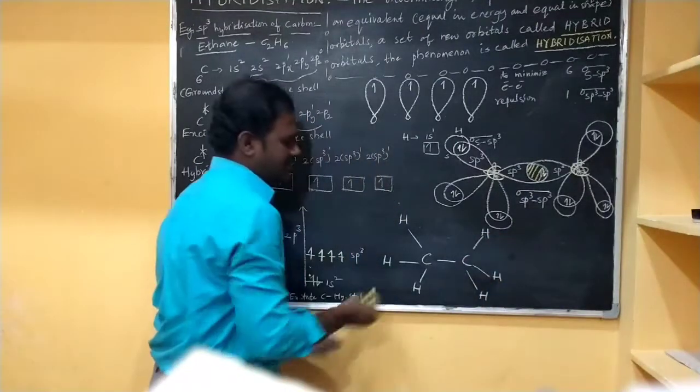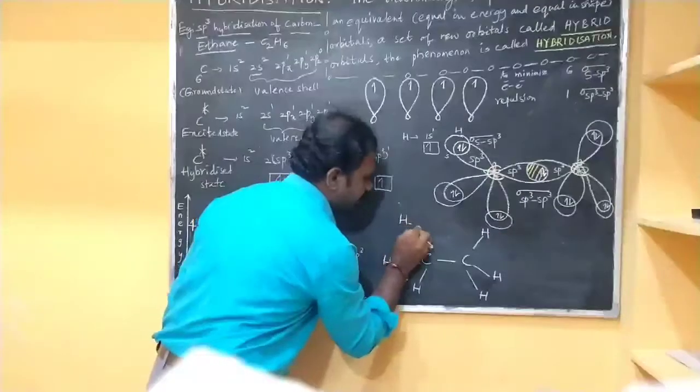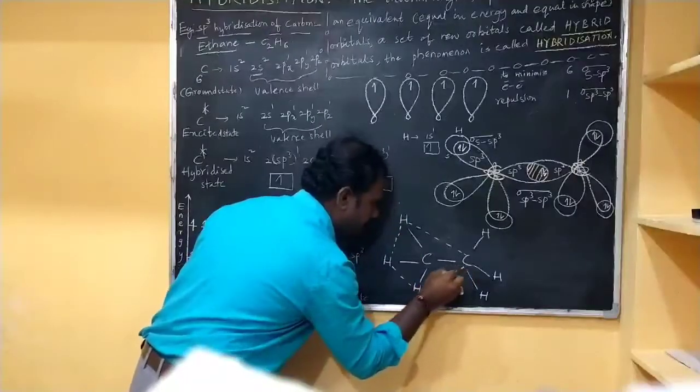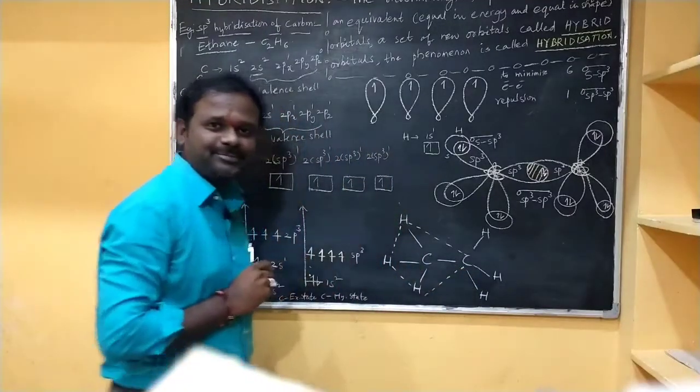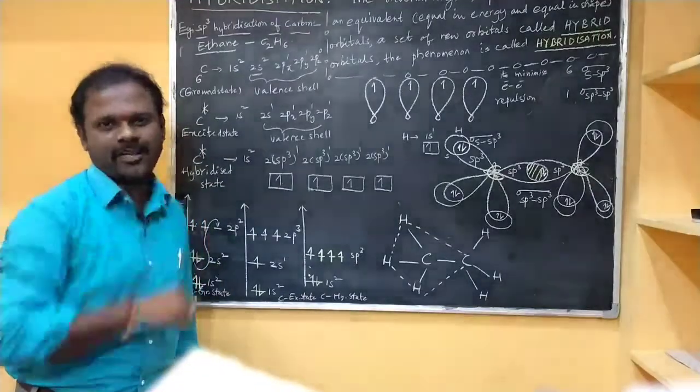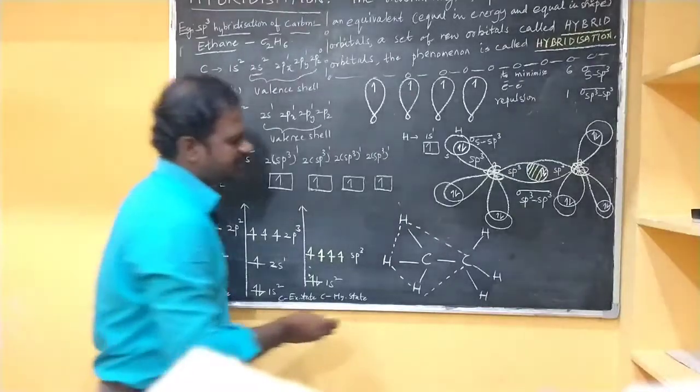The hydrogens are present at the corners of the tetrahedron.